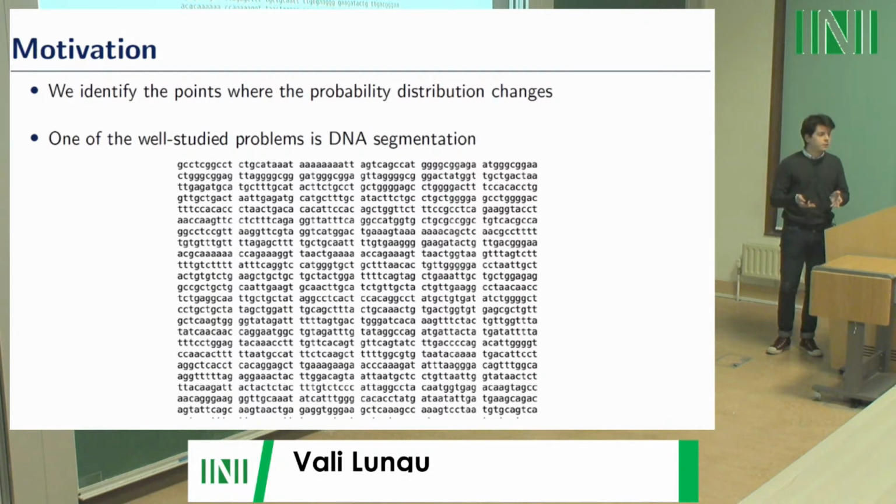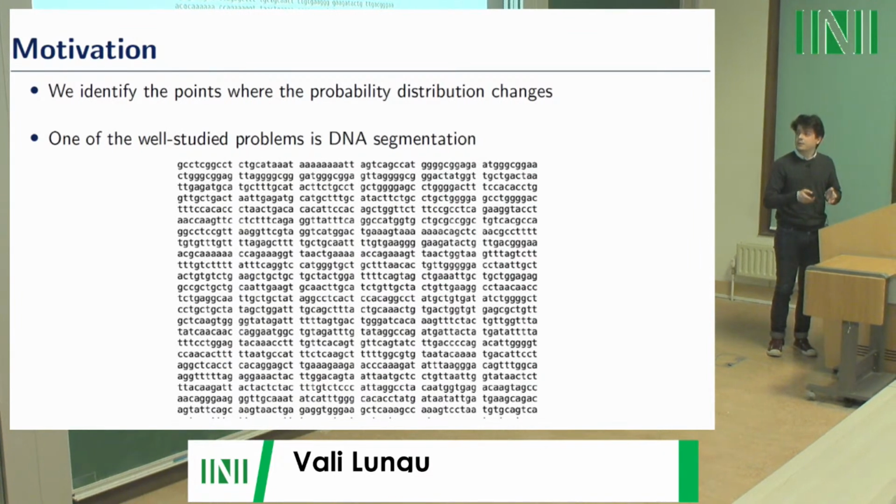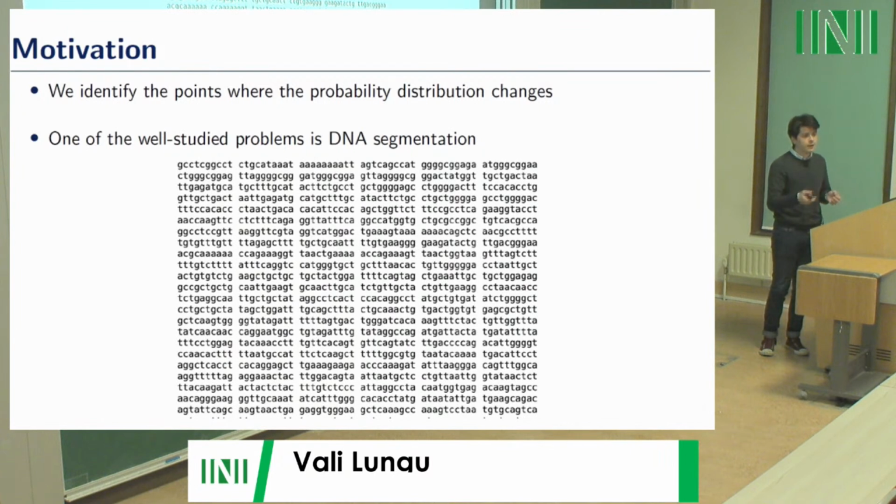Now, each genome has different segments, and these different segments usually have different patterns, meaning that they have different functionalities. So from a biological point of view, we're interested in identifying those segments because they can help us to better understand the whole structure of the genome.